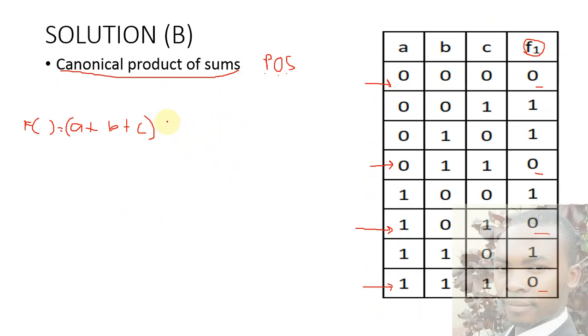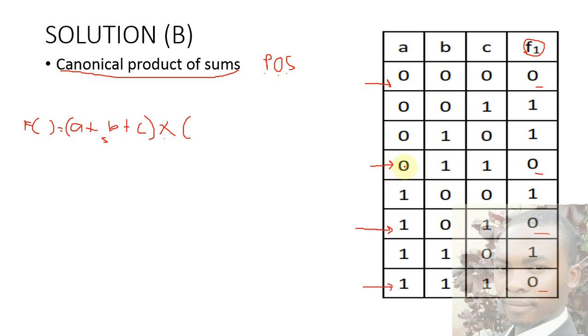So times, remember that here we have product of sums. So this is a sum and then we are multiplying it, so it becomes a product of sums. So times, where there is a 0 which is here, I take an opposite.